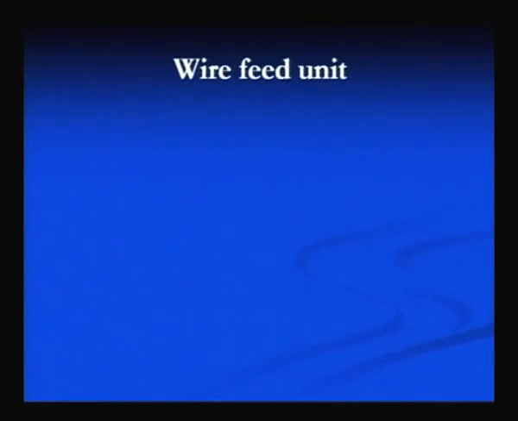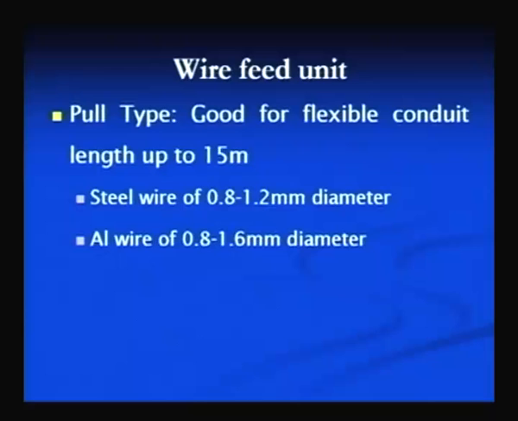The other type of wire feed unit is the pull type wire feed unit, and this helps to obtain a greater flexible conduit length. The flexible conduit length which can be used with the pull type wire feed arrangement is up to 15 meter.